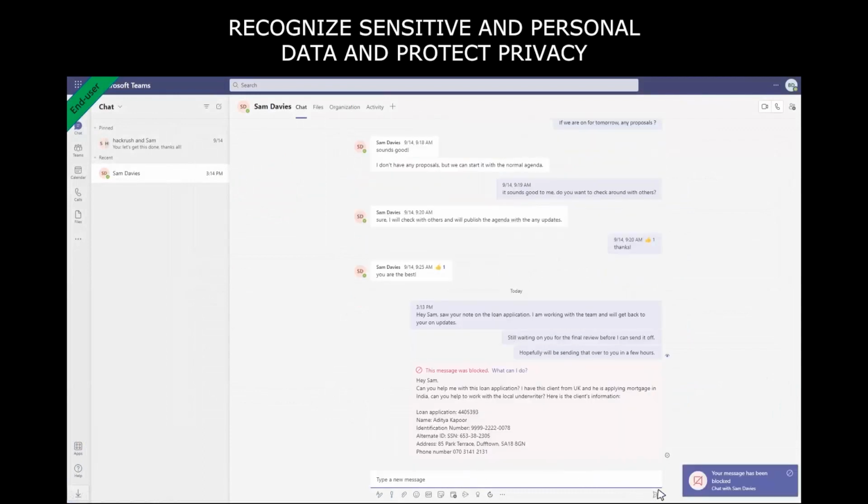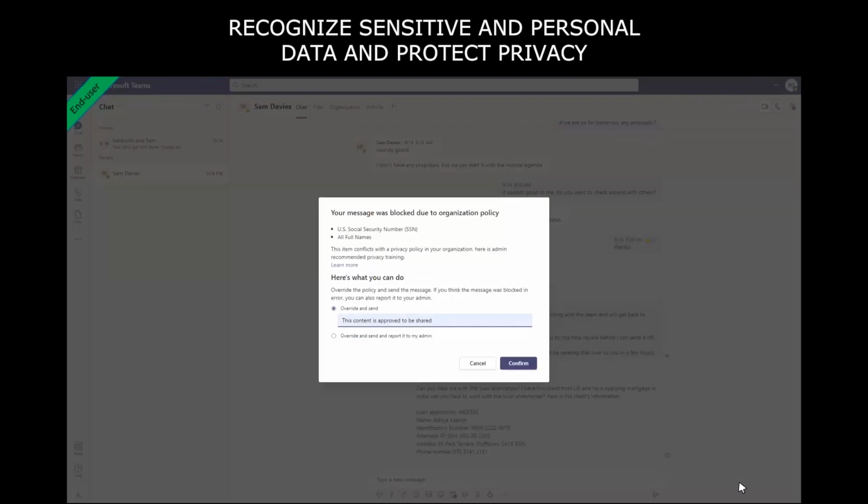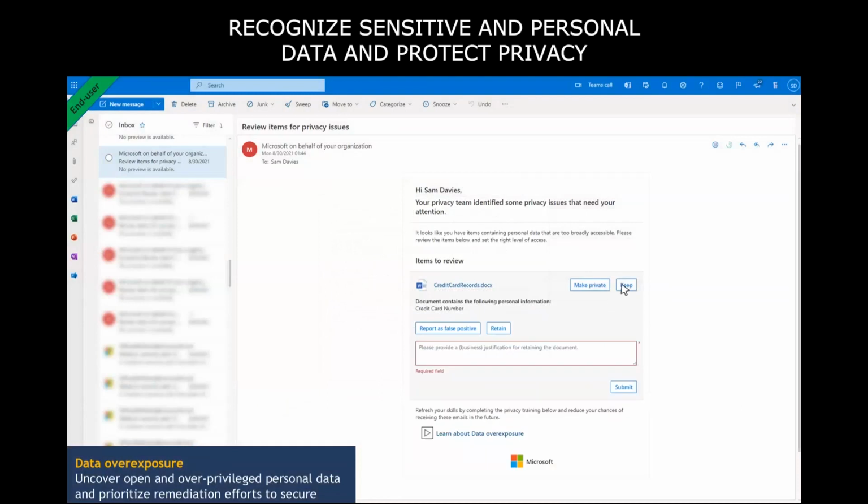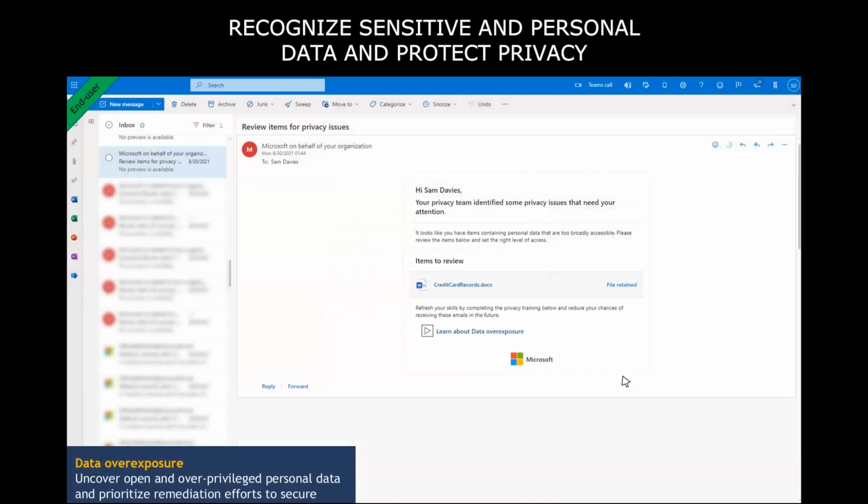So here, what you're seeing is that Sam was trying to send an SSN number or full names to another colleague, but it's blocked, right? It's a blocking policy that's not allowing Sam to send any document or information. The second one is, again, Sam has received an email saying that this document has credit card information and has been shared with multiple people. Do you still want to share with those people, or do you want to keep it to yourself?